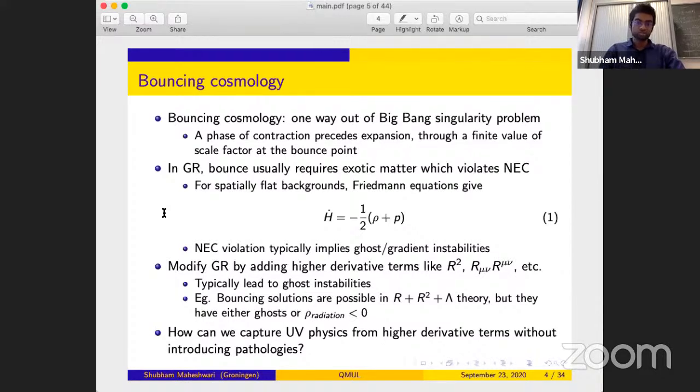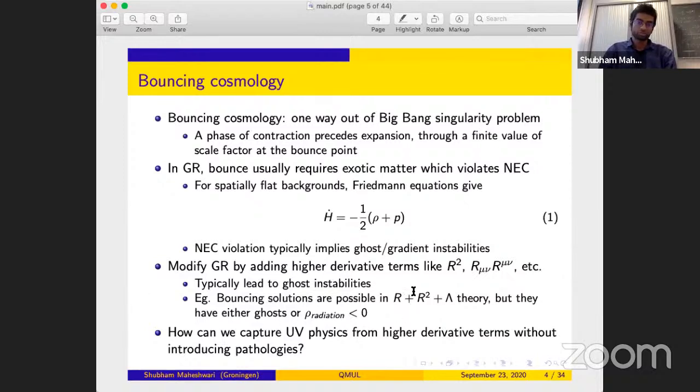This again leads to ghost instabilities, like I explained in the previous slide. And it is actually possible to have bouncing solutions in a theory like R plus R squared plus lambda, but they suffer again from some problems in the sense that if you add some matter here, and if you add radiation, you'll see that the energy density component of that radiation is negative, or you will have ghosts in the theory.